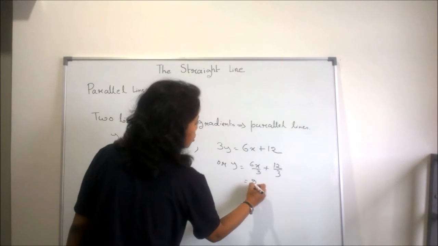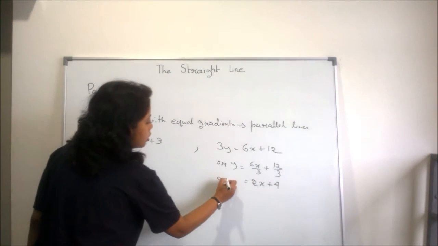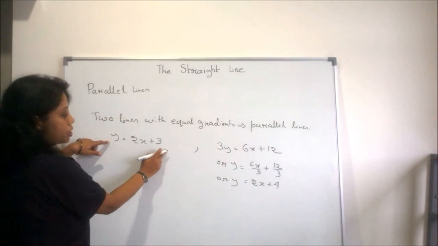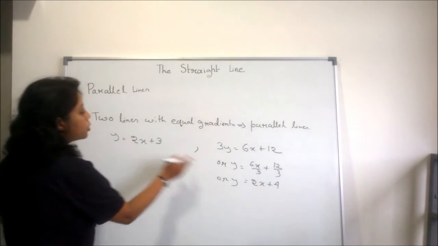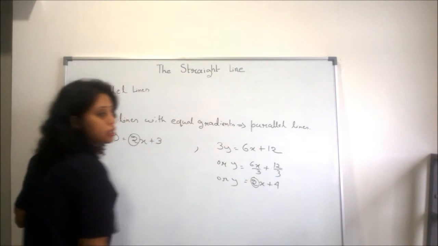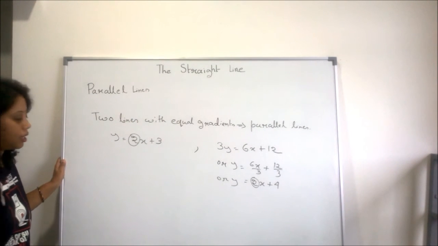That means this is also 2x plus 4. So one line is y is equal to 2x plus 3, and another line is y is equal to 2x plus 4. Both the lines have equal gradient, so these two lines are parallel.